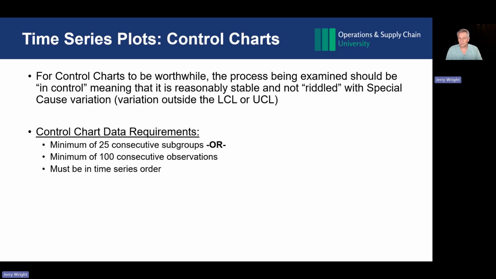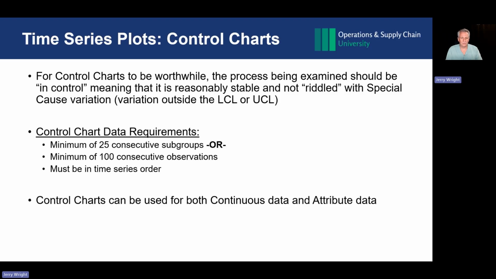Now, control chart data requirements: you need a minimum of 25 consecutive subgroups, meaning little groupings or gathering of data, or a minimum of 100 consecutive observations. That's because you need to build the control limits with some meaningful data, and 100 is usually a good number. These could be samples taken every hour, samples taken every shift or whatever, but you're going to have to get to a lot of shifts or a lot of hours to get something meaningful for creating your control chart. It must be in time series order.